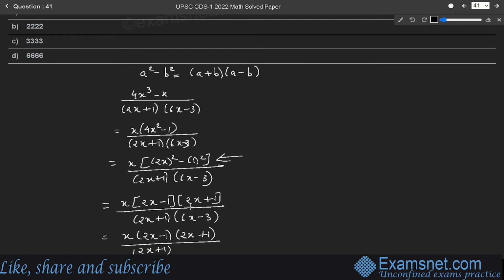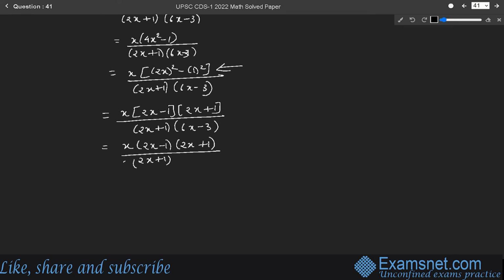Taking 3 common from the second bracket, we will get (2x − 1). So the remaining term will be x by 3, because (2x − 1) and (2x − 1) will be cancelled, and (2x + 1) and (2x + 1) will be cancelled.